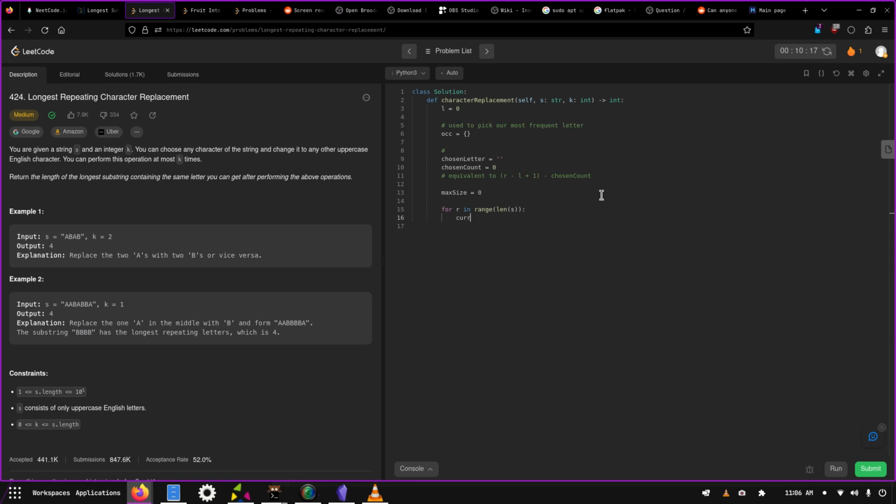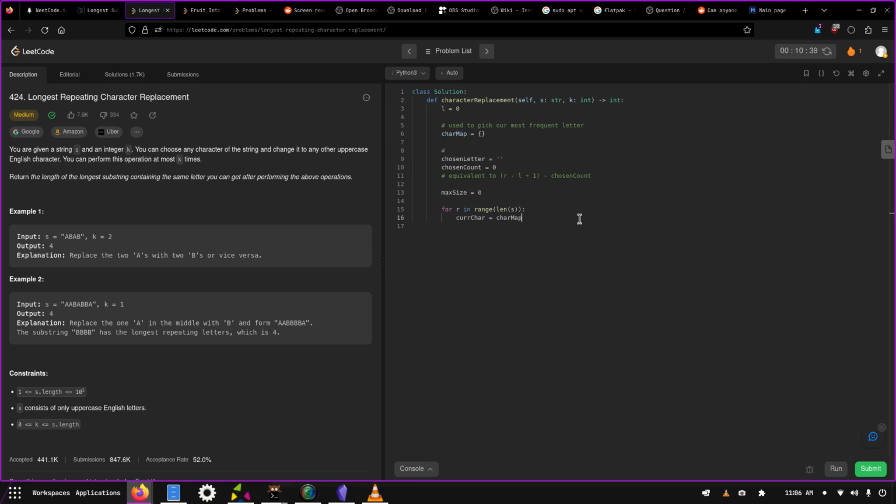So chars is equal to, I'm gonna choose a different name for this, maybe car map.